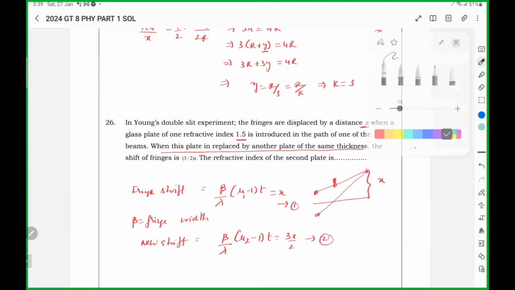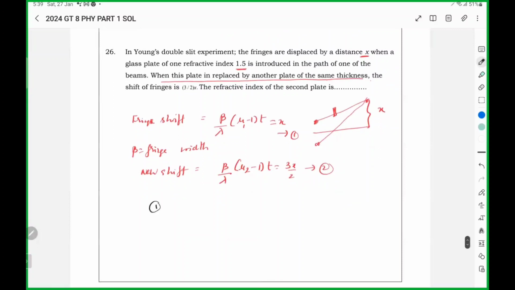So divide 1 with 2, we get beta by lambda into x by 3x by 2, which is 2/3.